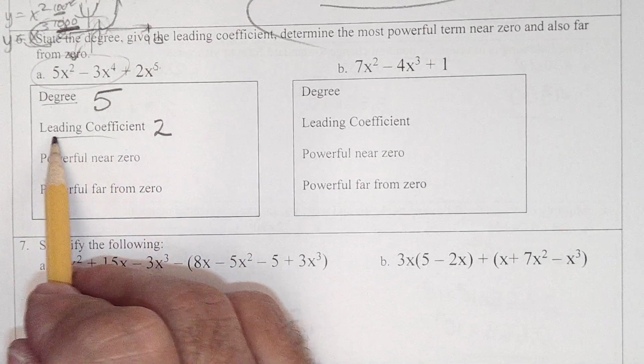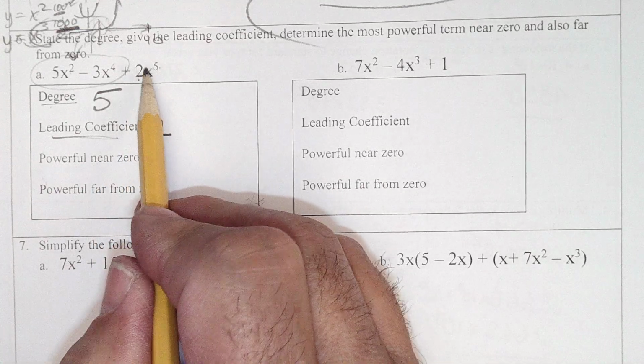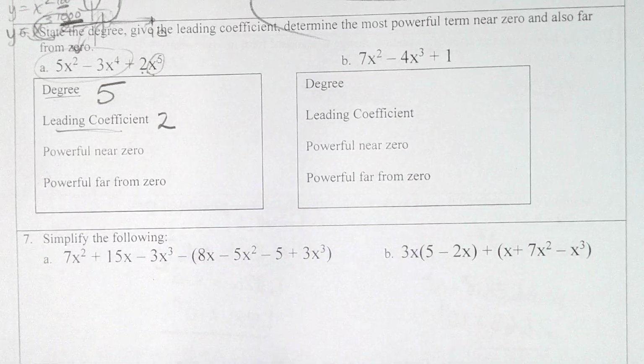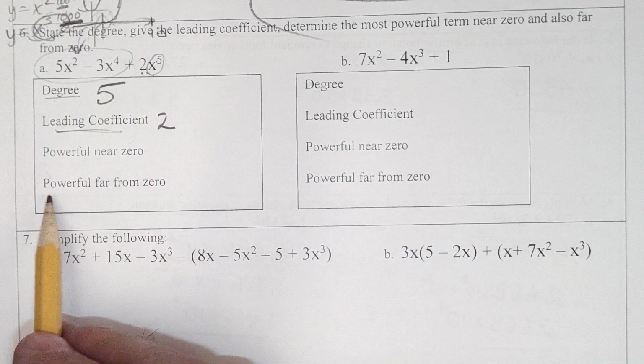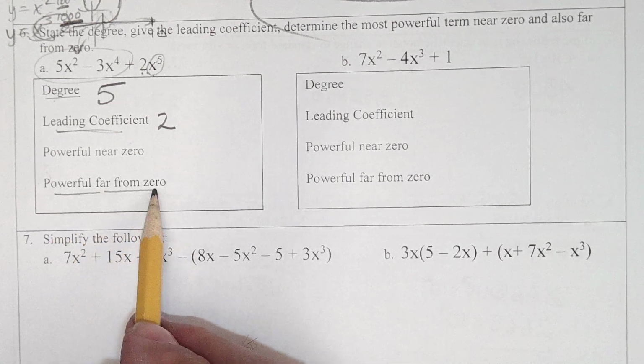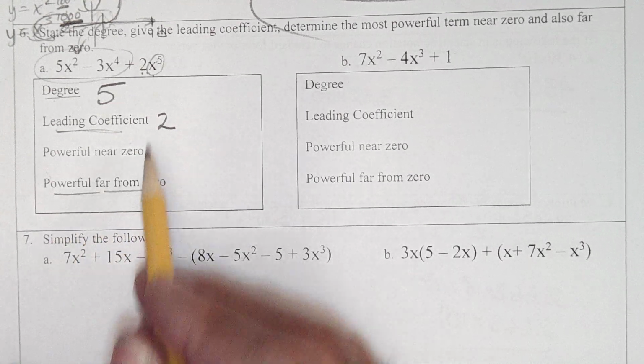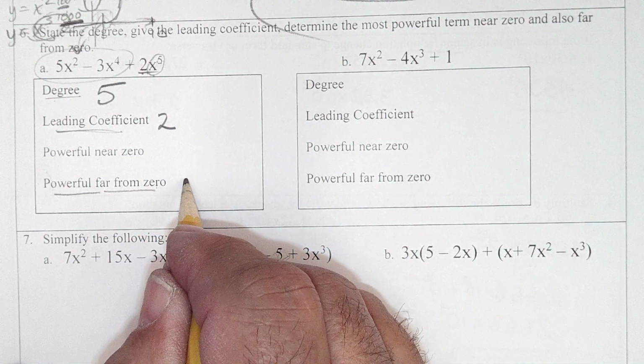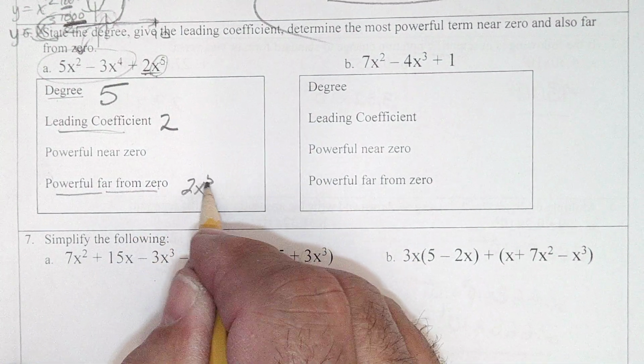So that's called the leading coefficient, the number that tells us how many of the most powerful values of x there are. And so the power shows up when you move away from 0. And so the term that's going to control that is the 2x to the 5th.